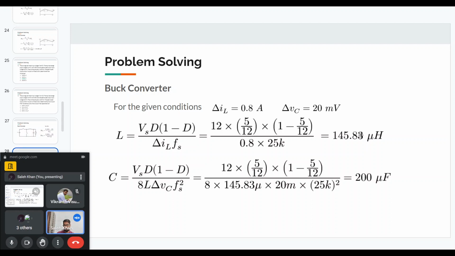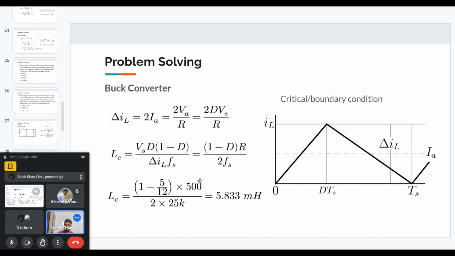Since for this value we are getting a ripple of 0.8 amperes, for a higher value we will get less than 0.8 amperes. So it satisfies the condition of the question. The question says that the peak to peak inductor current ripple has to be limited to 0.8 amperes. So it can be less than 0.8 amperes, but cannot be more than 0.8 amperes.